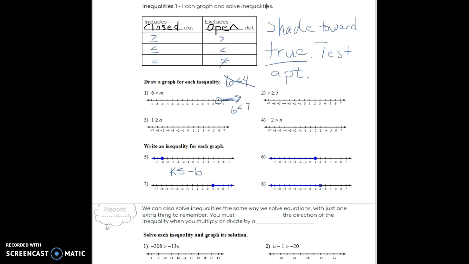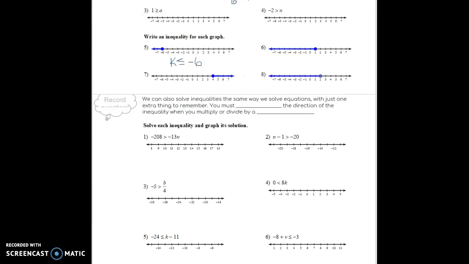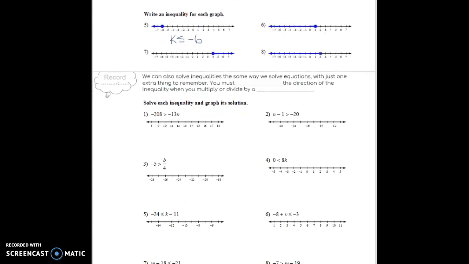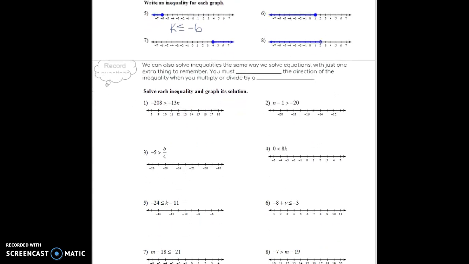All right, moving along. We can solve inequalities the same way we solve equations. We just have to switch the direction of the inequality when you multiply or divide by a negative.